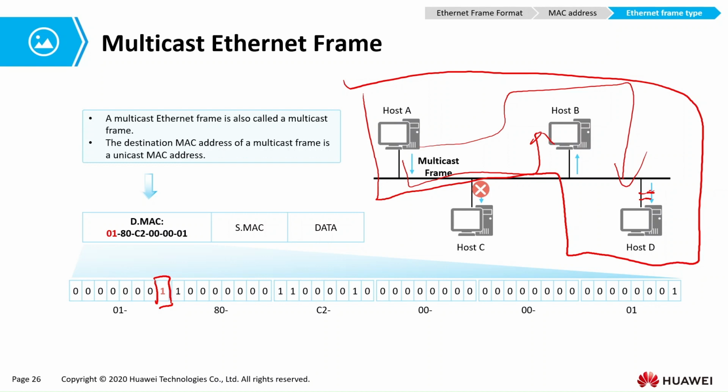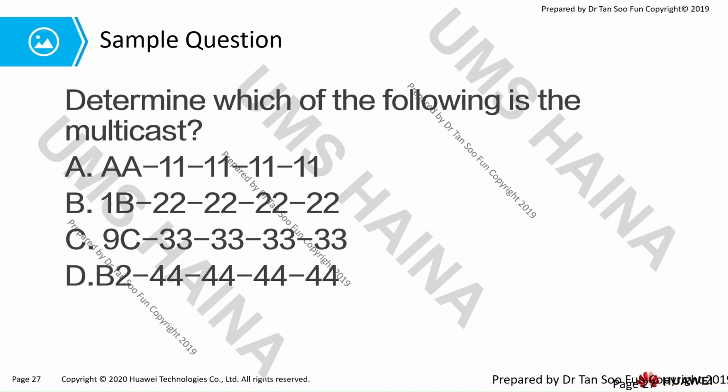Okay, example of the questions. How are you going to determine which address is a multicast? Now they give you hexadecimal. So it's very straightforward. Just now I already mentioned to you, if you are looking for multicast, you need to look at bit 8. Bit 8 should be 1.